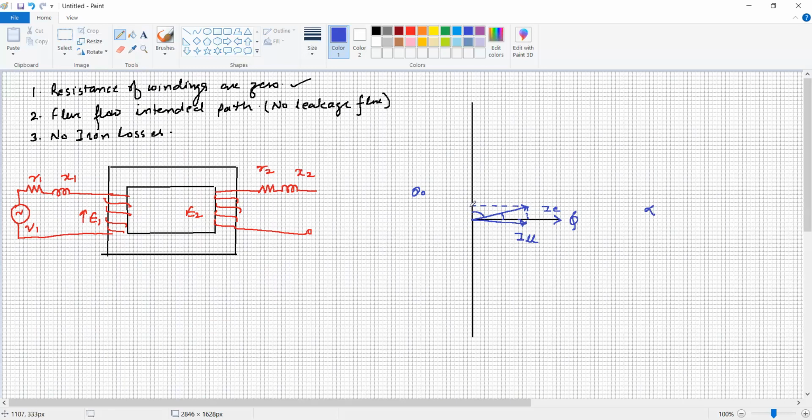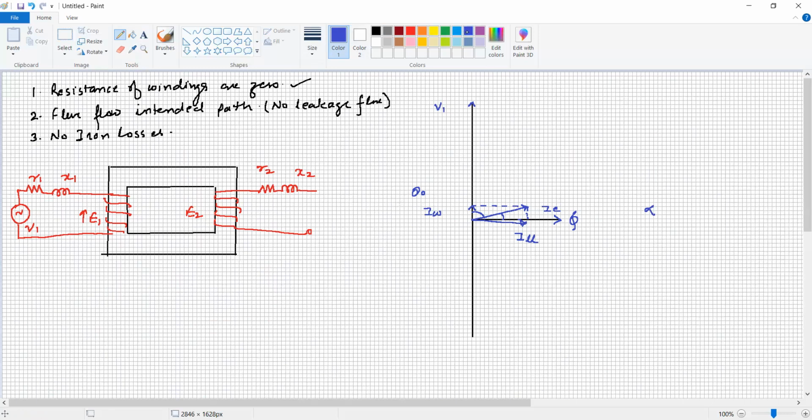The second component, which is in phase with the voltage V1, is IW, the working or core loss component. It may be written as IC or IW, and the total as I0. So there may be some different notations.